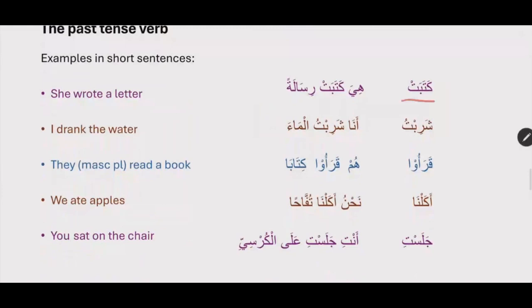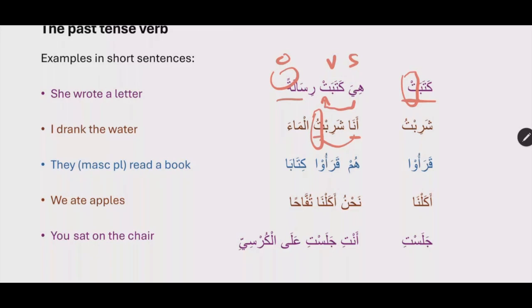Katabat, we know, is "she wrote," right? So you have to use she wrote and a letter. You notice this is accusative case because this is the subject, she, this is the verb, this is the object. Subject, verb, object, that's a normal three word sentence. Likewise here, I drank, so there's two. I agree.